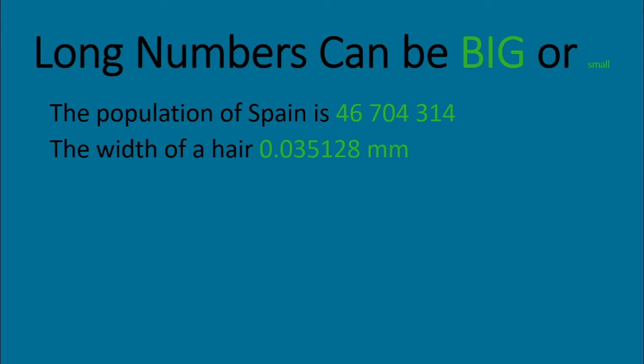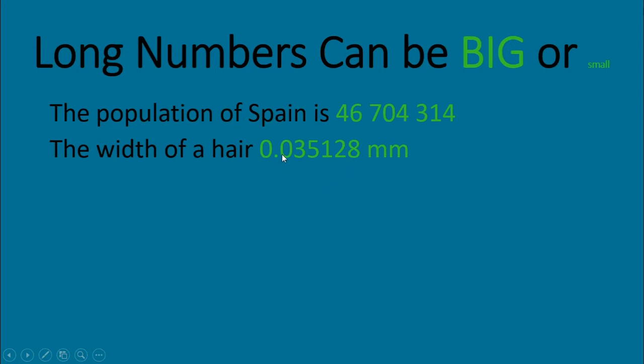In fact, using our place value knowledge that we learned last lesson, we should be able to name this number by counting the place values after the decimal. So there's 1, 2, 3, 4, 5, 6 place values after the decimal.